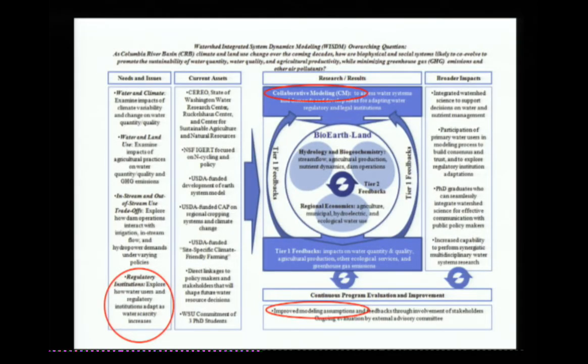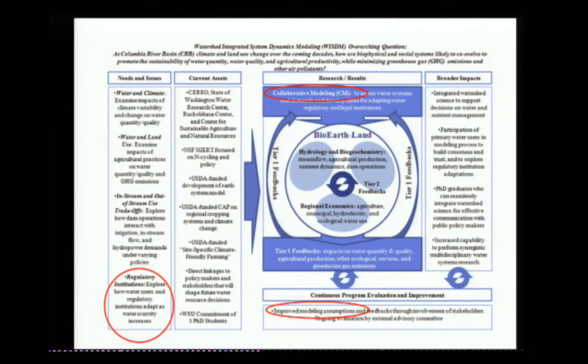Okay, I don't expect you to read all this. This is our logic model for the project, but I just wanted to point out a few key terms that I'm going to focus on. This hopefully gives some perspective of all of the modeling that is going on in the work, but I'm going to focus on the parts that I have here in red. Down here on the left, we have the issue of regulatory institutions, where we want to explore how water users and regulatory institutions adapt as water scarcity increases.